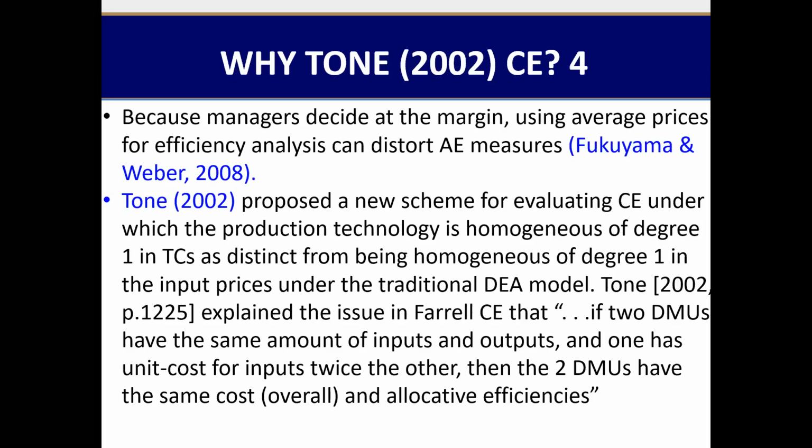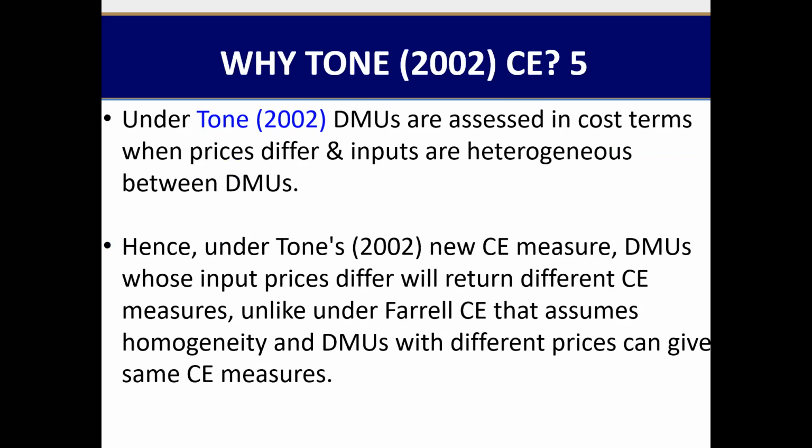When you go into the Farrell one, you will still realize that they have the same cost efficiency, the same allocative efficiency. Why is that so? Why is it that your unit cost is twice mine? So then it means I must be more efficient than you. But then the Farrell computation will still ensure that they all have the same cost efficiency. And this is where Tone stepped in. That's how he solved the problem.